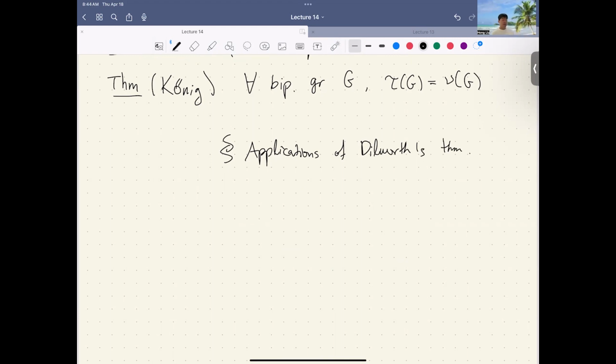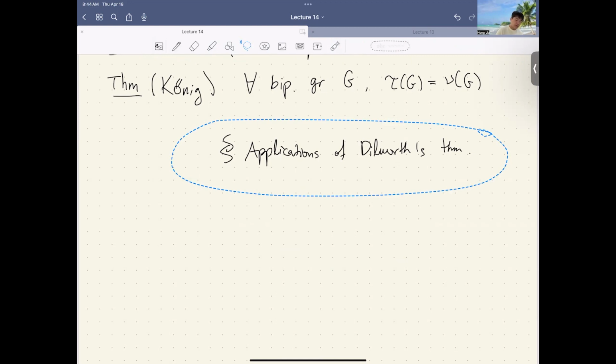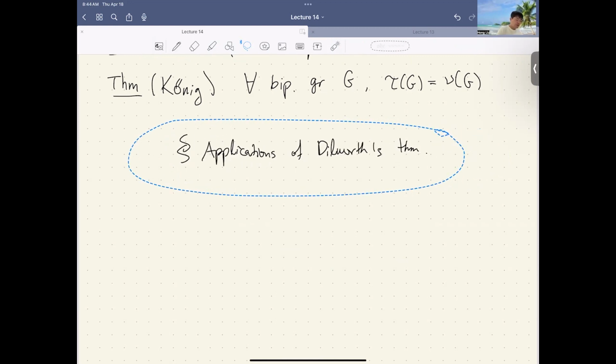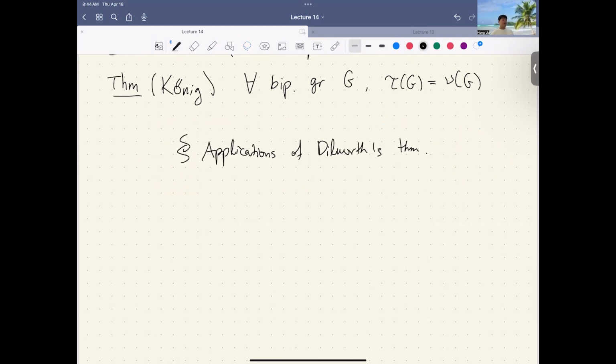At the end of last lecture, we mentioned that one way of applying Dilworth's theorem is that it can be viewed as a very good quantitative Ramsey statement for highly structured objects. So recall the Ramsey type statement.